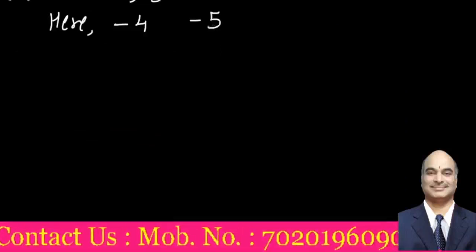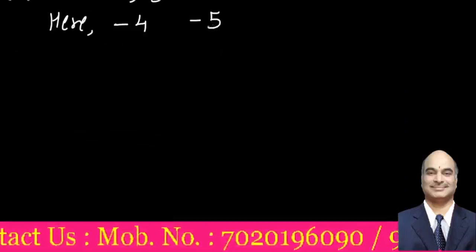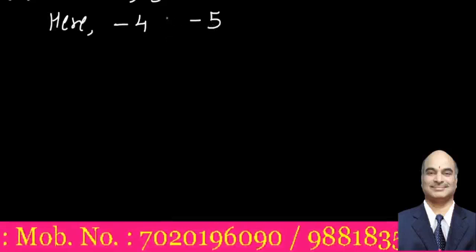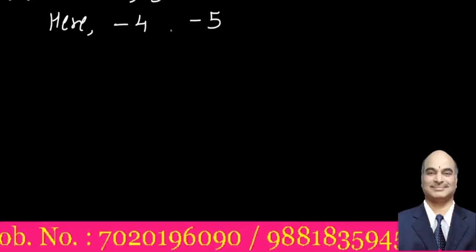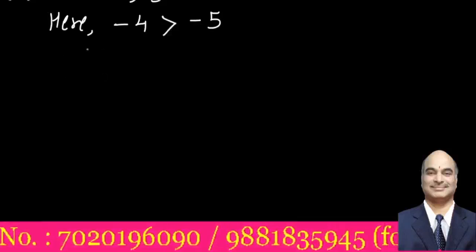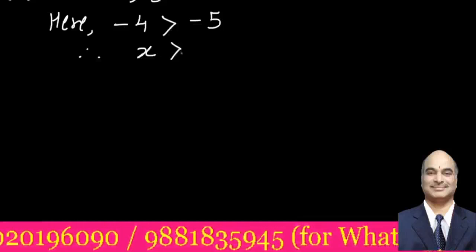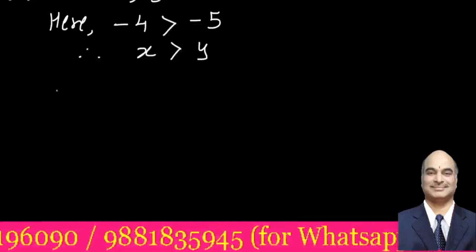Now here, minus 4 and minus 5. Between these numbers, which number is on the left side of the number line? Minus 5 is on the left side, so minus 5 is smaller. Therefore x is greater than y.